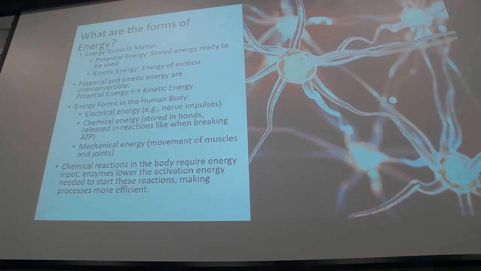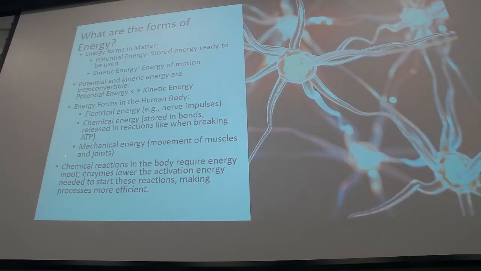In our body, we have a type of energy called electrical energy. That is the type of energy used by our neurons to transfer impulses. And then we have the chemical energy stored in molecules like lipids and ATP, adenosine triphosphate. This energy is released when we use these lipids or this ATP.